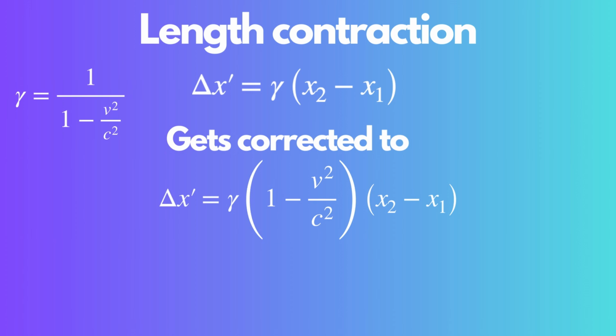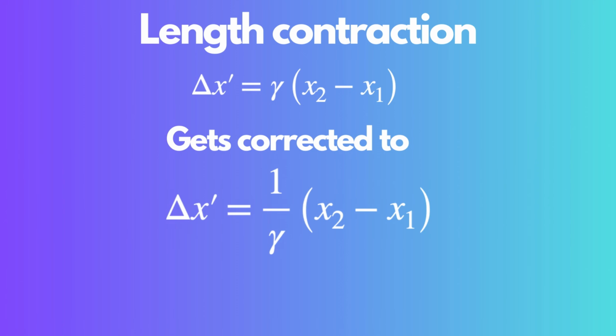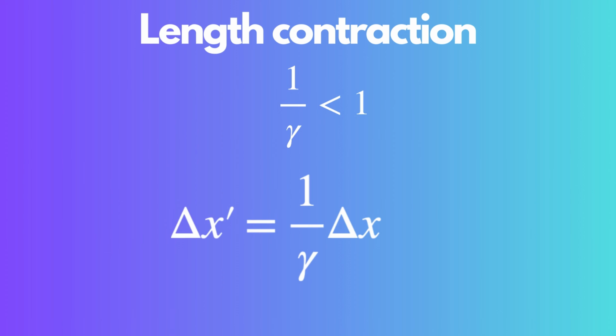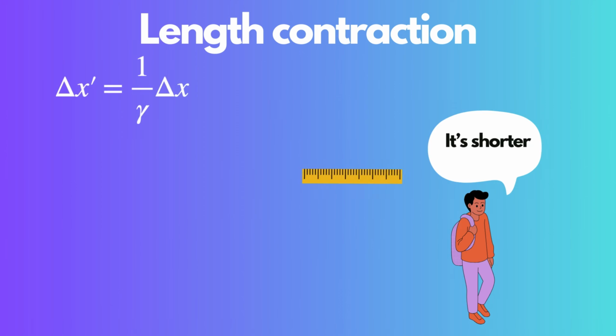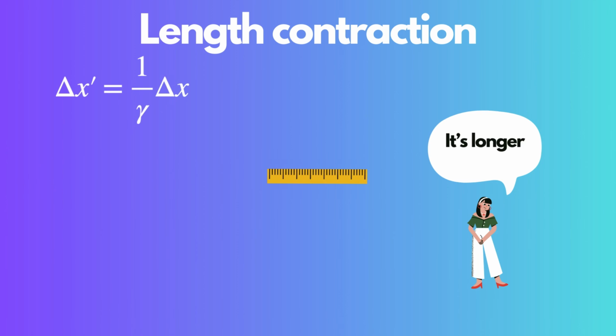But recall that gamma is equal to that, and so therefore we get a cancellation occurring, and therefore doing a proper measurement, the people moving to the right of us measure the length between the two space-time points to be given by this formula. Now, since 1 over gamma is always less than or equal to 1, therefore, in the primed frame, the length is less than in our frame.